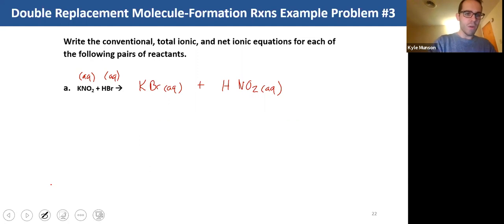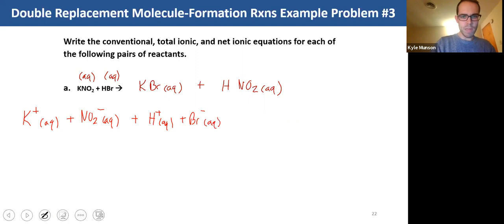So now when we do our total ionic equation, write this out: potassium plus NO2 minus plus proton plus Br minus, bromide ion, gives me potassium ion plus bromide plus proton. Whoops, no. See, I'm making a mistake now.